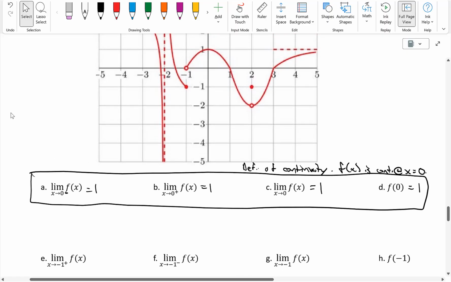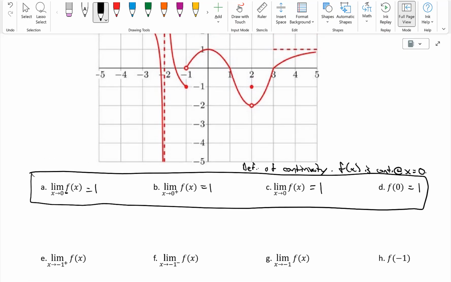We can look at -1 as we approach from the right. As we come in from the right, we're coming down this piece of the function to a height of 0. As we approach from the left, we're coming in from the left of -1. We're running along this piece of the function to a height of -1.